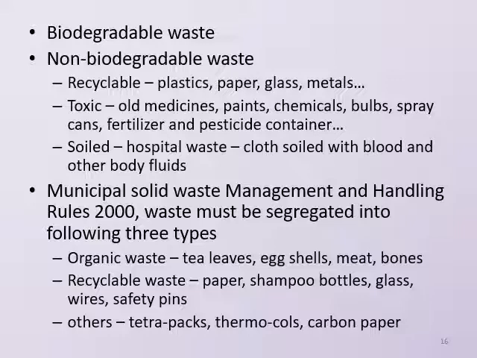In the non-biodegradable, waste can be of types such as toxic waste, old medicine, paints, chemical bulbs, etc. Soiled waste means basically hospital waste with blood and wounds, cloth soiled with blood and other body fluids.